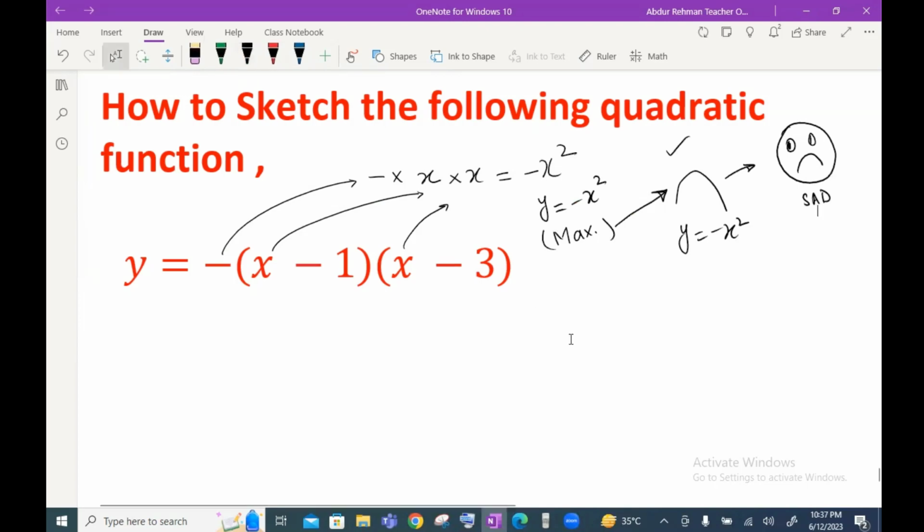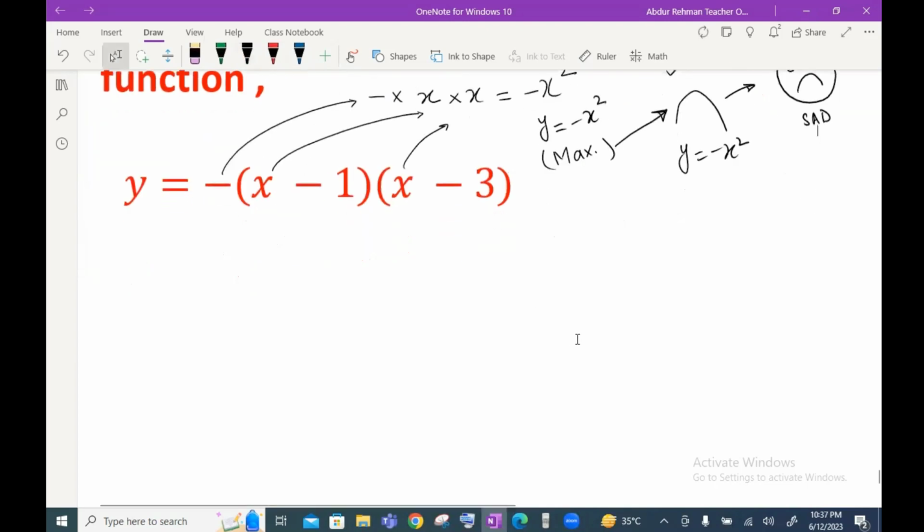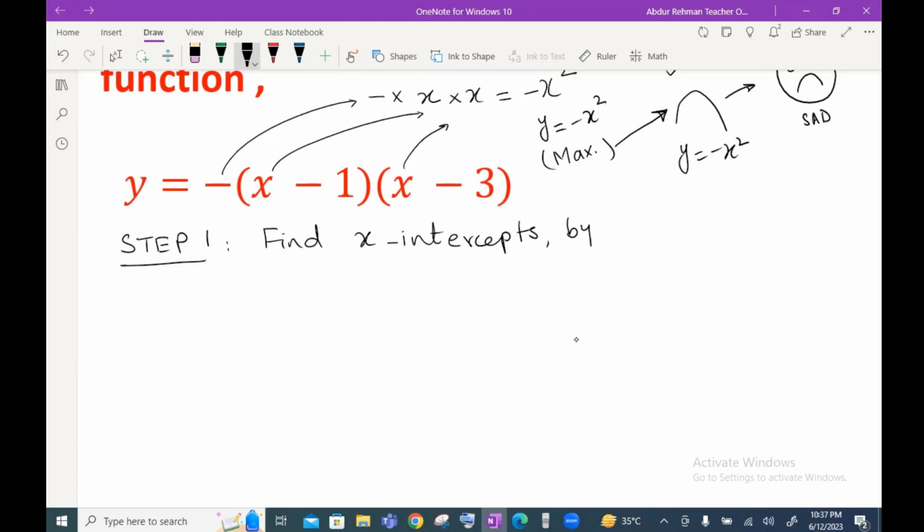Now, step number one is find out x-intercepts by putting y equals 0 in equation number one.